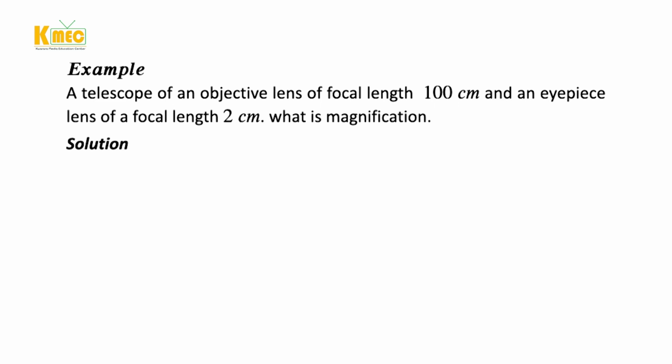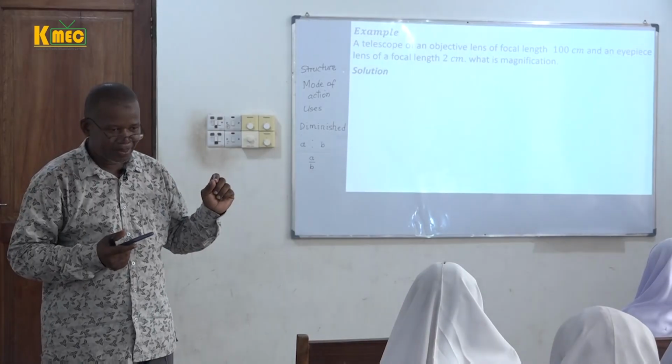A telescope has an objective lens of focal length 100 centimeters and an eyepiece lens of focal length 2 centimeters. What is the magnification? The next step is to write the givens. How many givens are there? There are 2 givens.